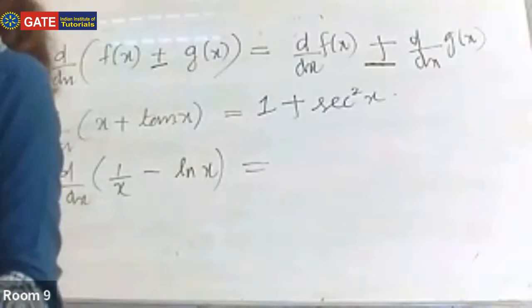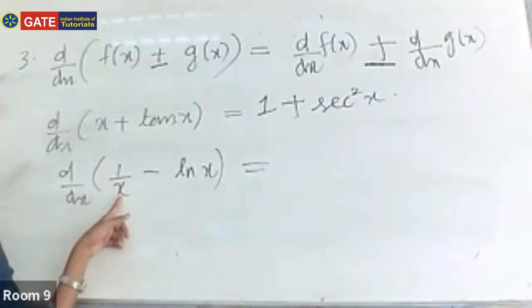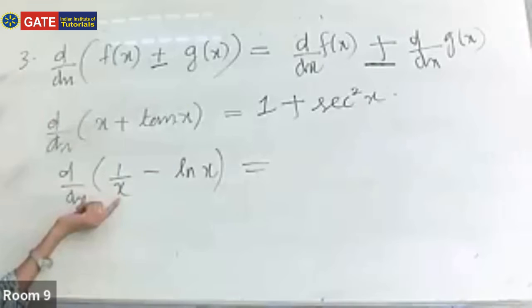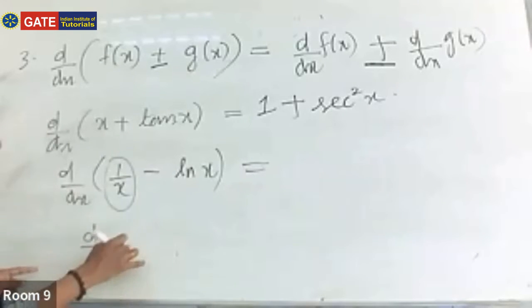What is the derivative of 1 by x? How will you find the derivative? Derivative of 1 by x, not 1, it will be minus x to the power minus 2. So 1 by x, how should we write?